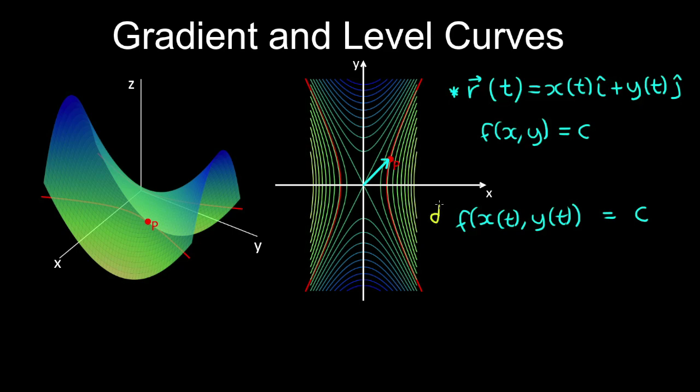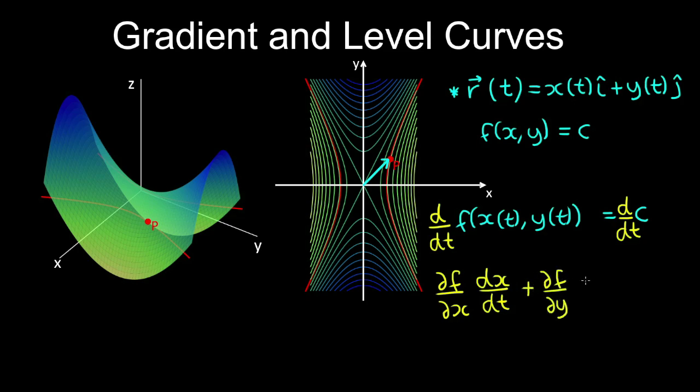And differentiating both sides with respect to t, we can apply the chain rule on the left hand side. So we have the partial derivative of f with respect to x by dx dt plus the partial with respect to y by dy dt.